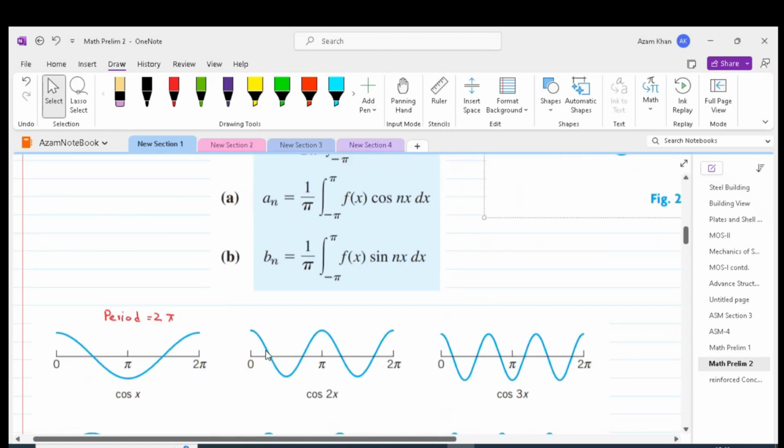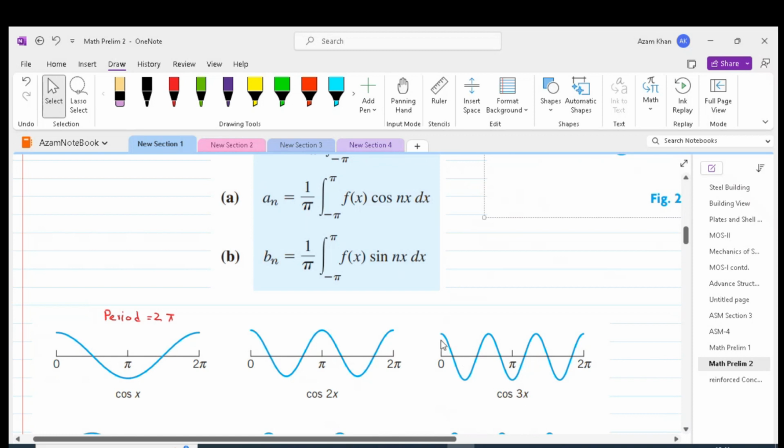Just to remind ourselves, cos x has a shape which looks like this one. This is a full cycle of cos x. In the case of cos 2x, we have two cycles of cosine within the period 0 till 2 pi.